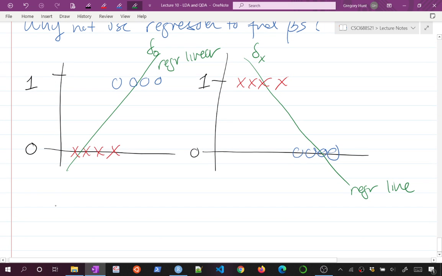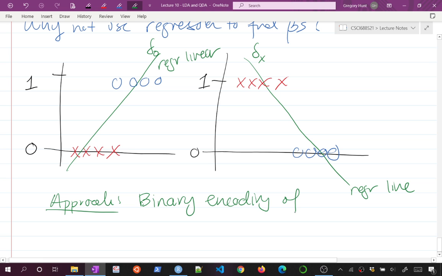So here our approach is to use some kind of binary encoding of the y's, either a 0 or 1.